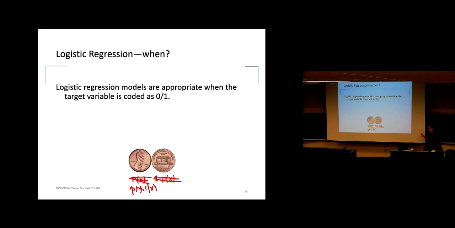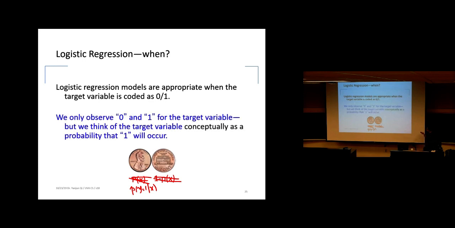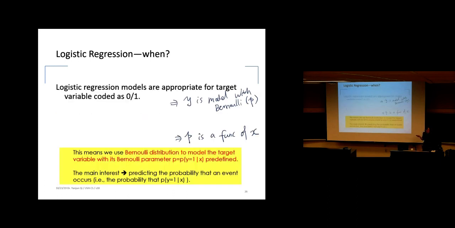So again, we are directly estimating this conditional probability from the data by assuming it has a certain functional form. And we'll observe 1 and 0 for the target variable, conceptually as the probability that 1 will occur, almost the same as heads will occur.